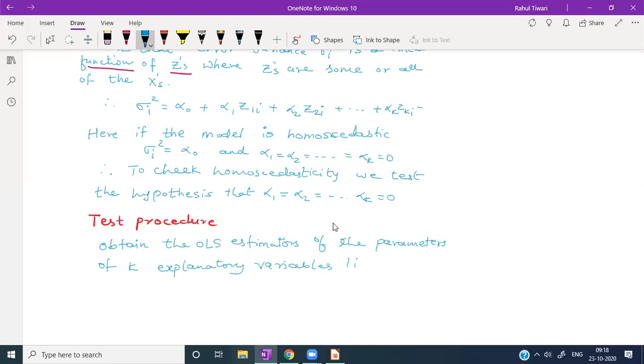Linear regression model, and find ei. Once you estimate the parameters, I hope you can obtain ei.